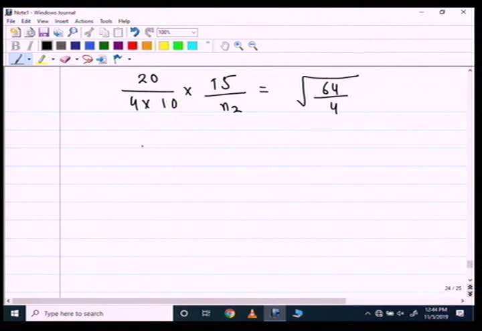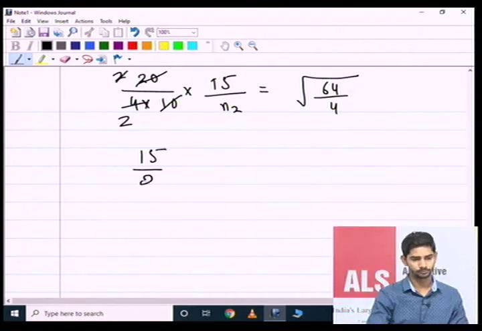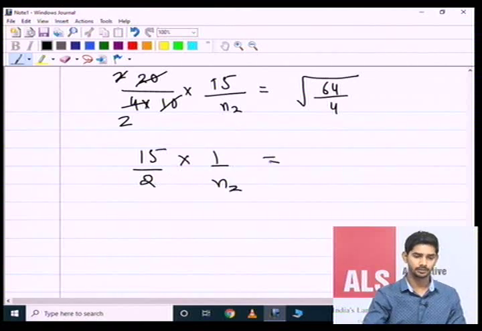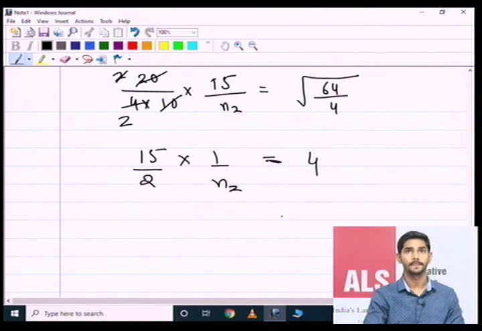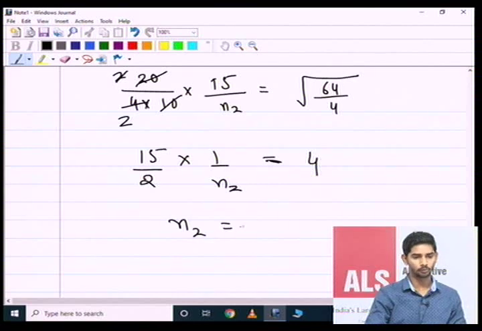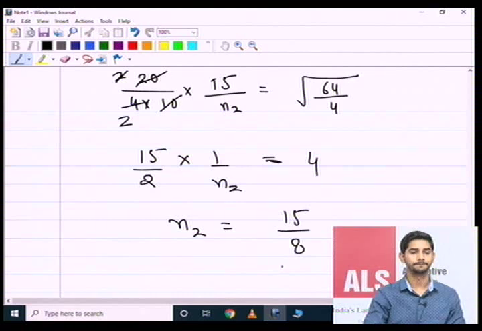This is 2. So I'll get 15 by 2 into 1 by 2 is equal to 16. If I solve it, I'll get 4. Okay, so N2 would come out to be 15 upon 8.